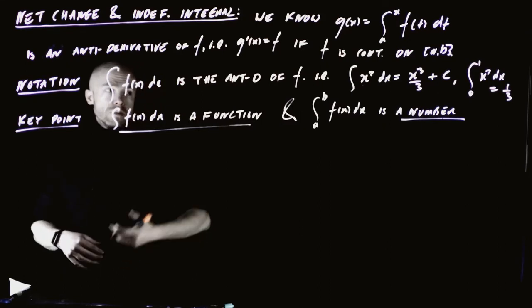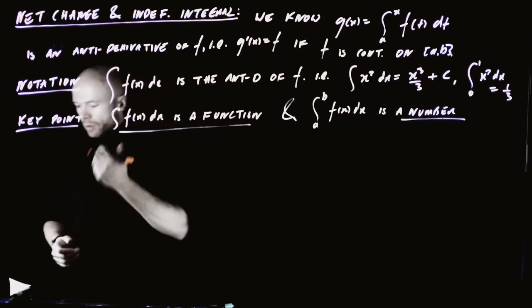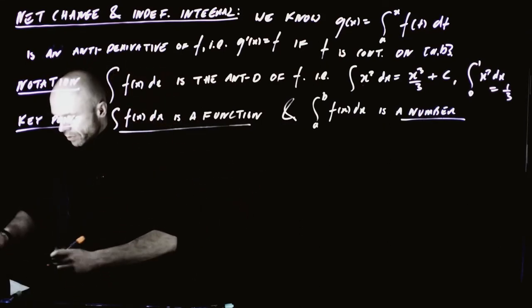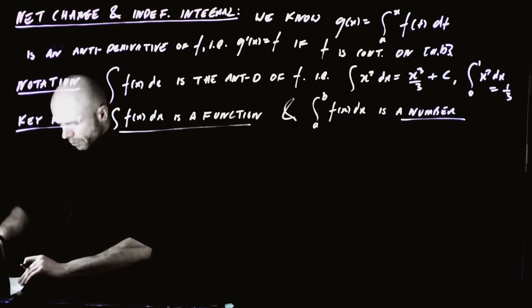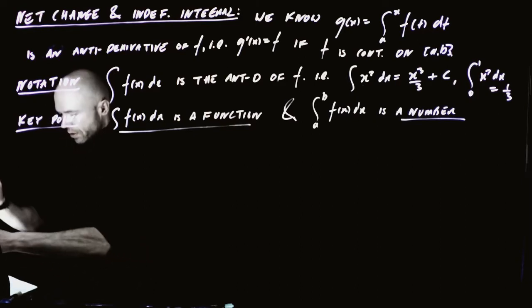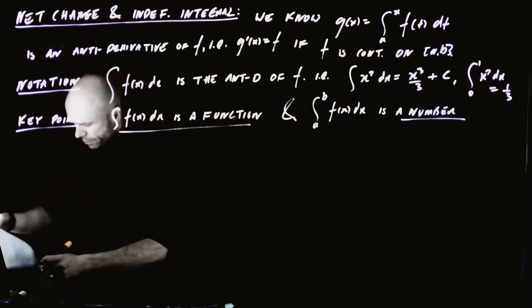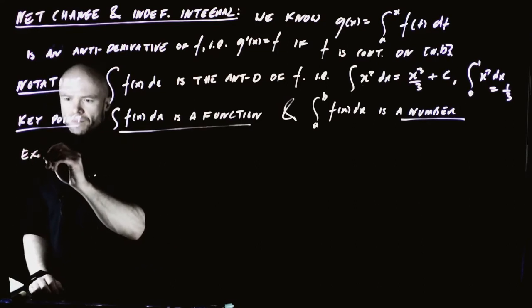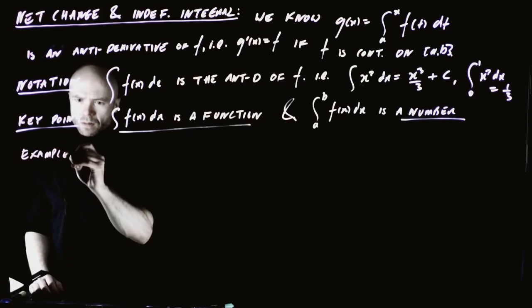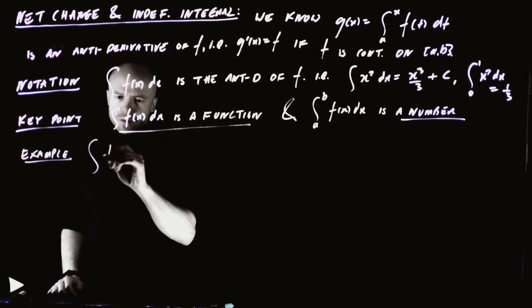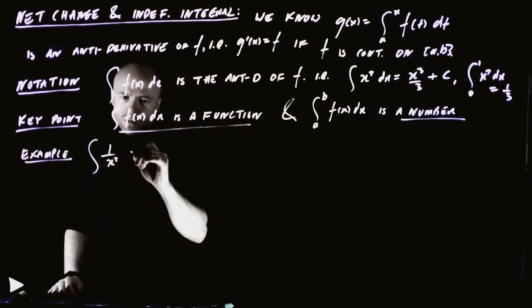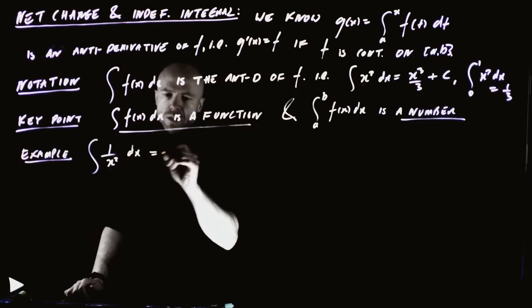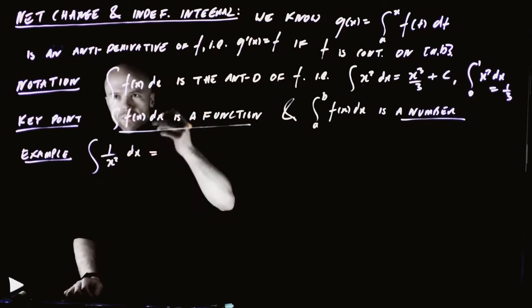Cool. So with this notation, we can start to write down some antiderivatives. So I've already written down one. Let's do a couple of examples. So, example, if we look at this, what is the antiderivative of 1 over x squared?